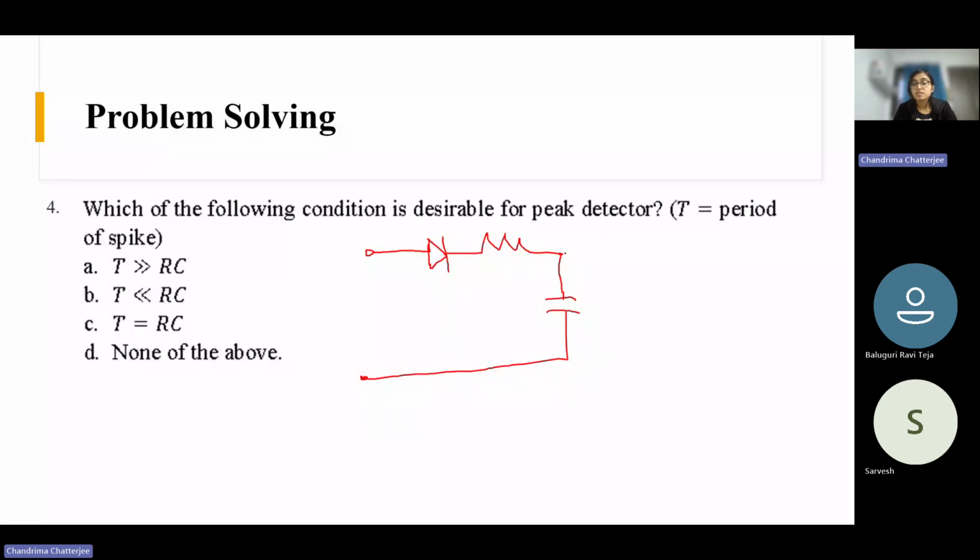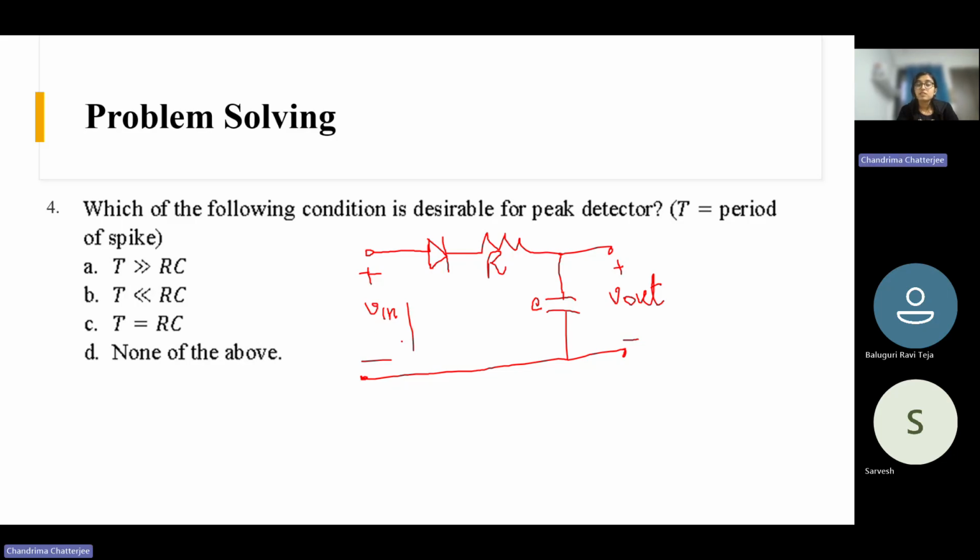Here we take the output. Here we have our input signal V in, and here we have the output signal V out. So this is R, this is C.